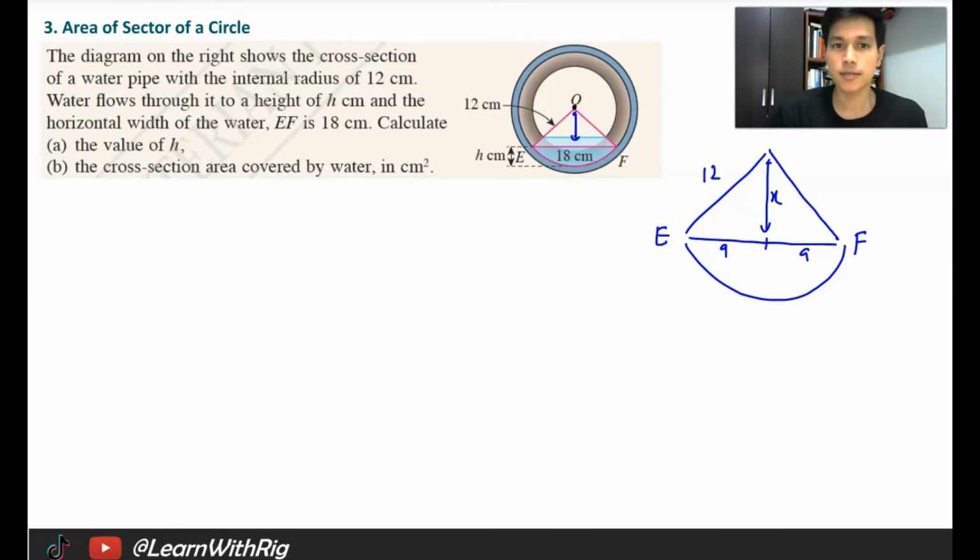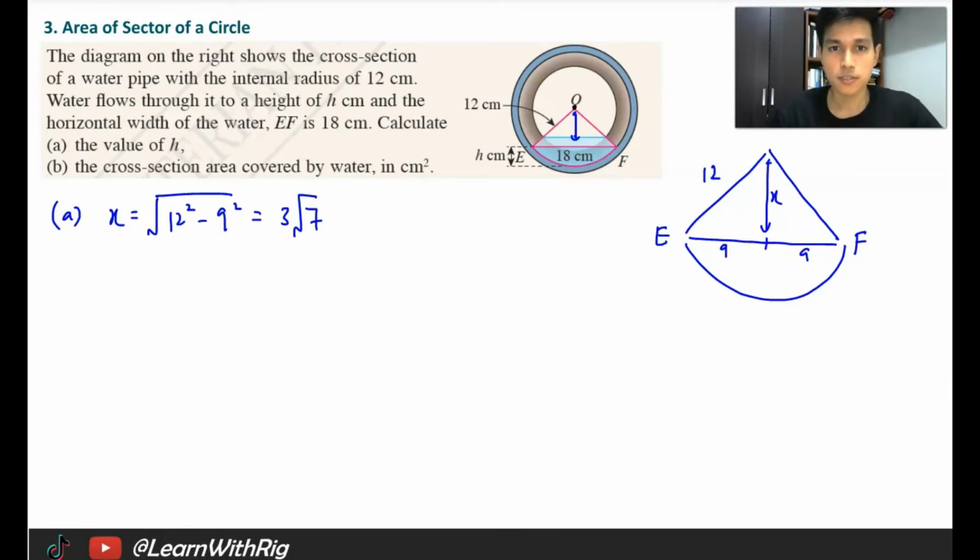So how do we find x? I wrote x as the height of the triangle, so x uses the Pythagoras theorem. x equals the square root of 12 squared minus 9 squared. You should get 3 root 7. I'm going to leave it like this, because I don't want to round off the number so quickly.